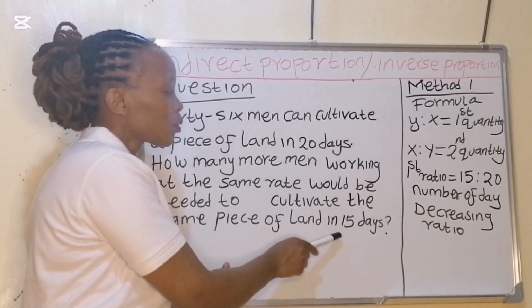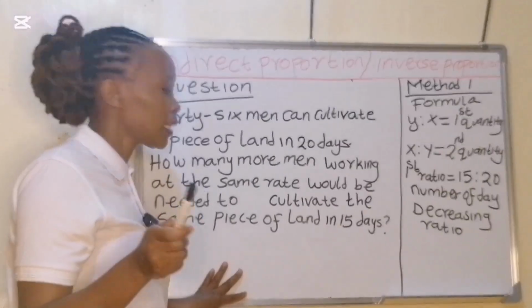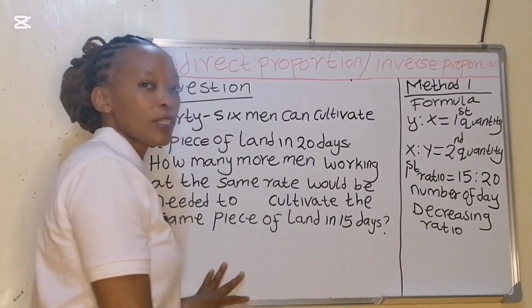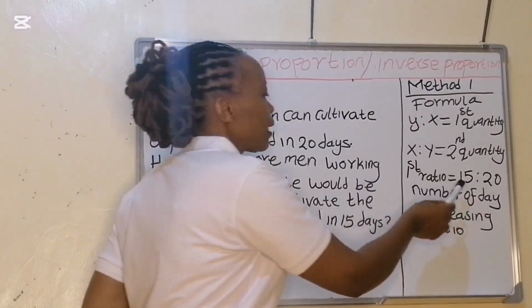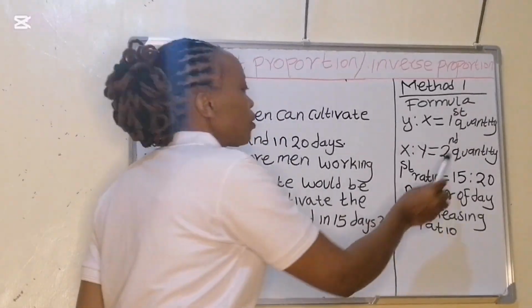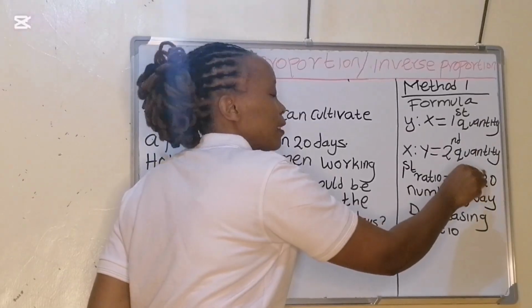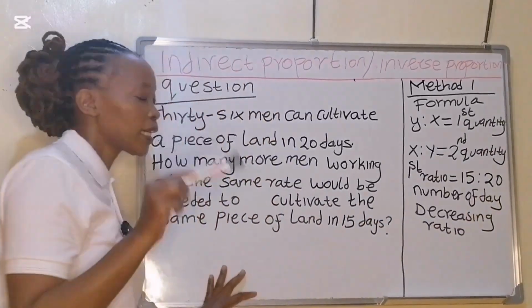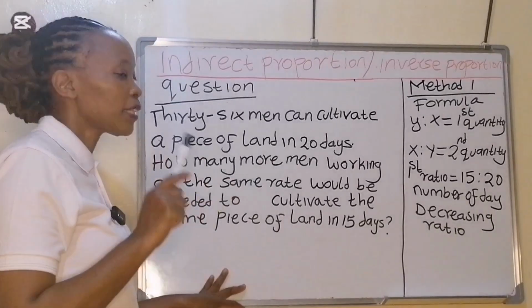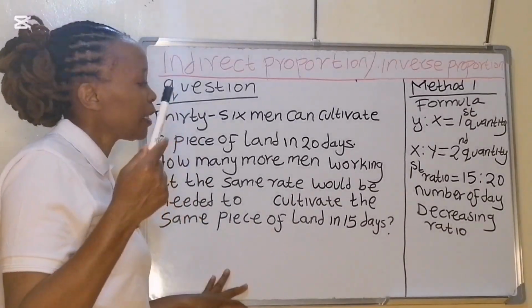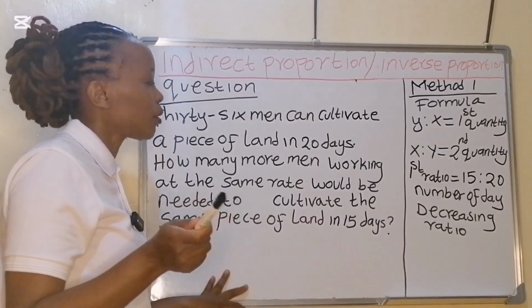And I told you how to write a decreasing ratio: when someone moves from a bigger number to a smaller number, you start with the new one, the current one, to the old one, that is the original. So it's 15 is to 20. That is a decreasing ratio. You start with new, then original. Even for an increasing ratio, you start with new, then original.